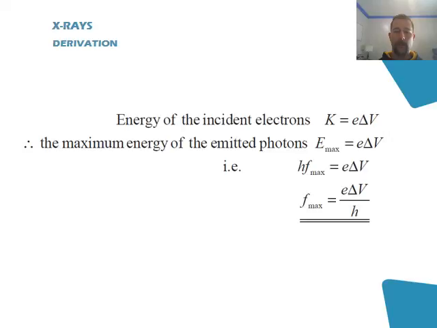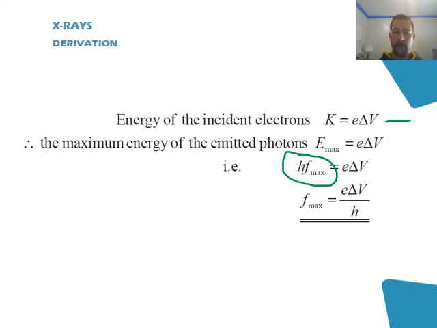So what do we know? We know that the maximum energy of the electrons is dependent on the charge of an electron and the voltage gap that it crosses. So that's this equation here. We also know that the energy of a photon is denoted by this half of the equation, h times f max.